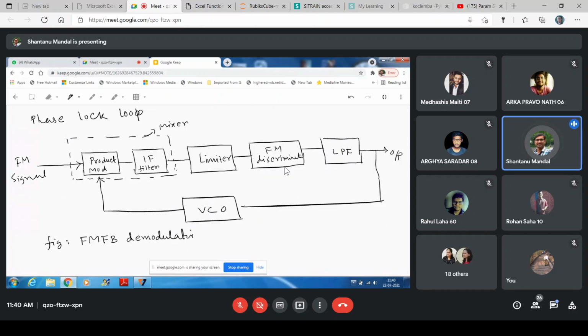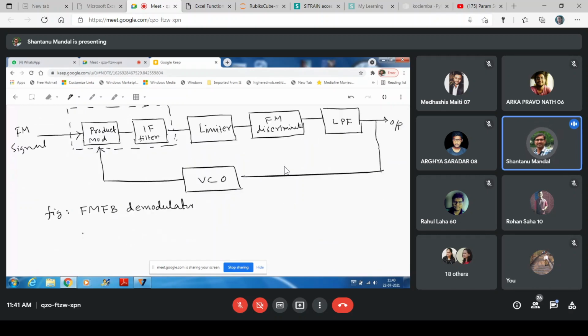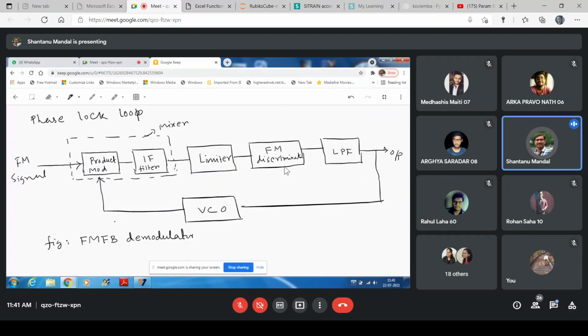FB means feedback. So this system is used to remove the threshold effect, and it is known as the FMFB demodulator.